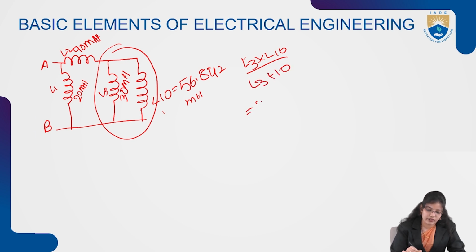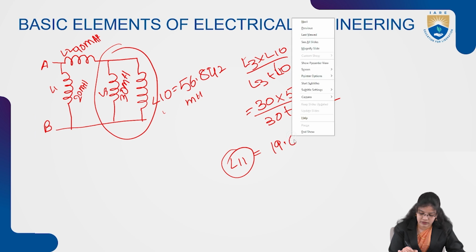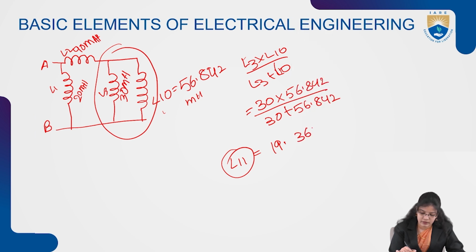So the value of L3 is 30 into 56.842 by 30 plus 56.842. Again it will be taken as L11. The value of L11 will be around 19.636 millihenry. So after calculating these two inductances when they are connected in parallel, again we have to redraw the circuit.